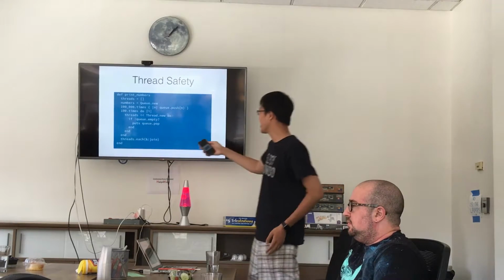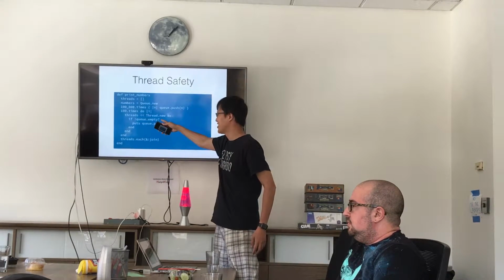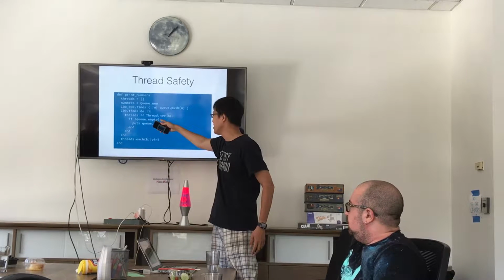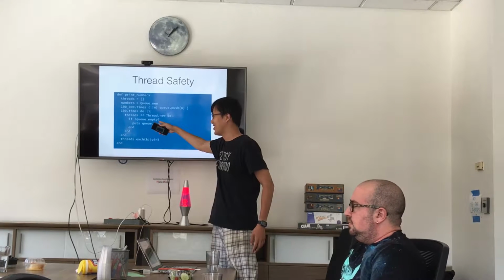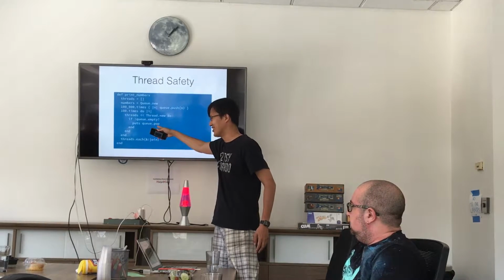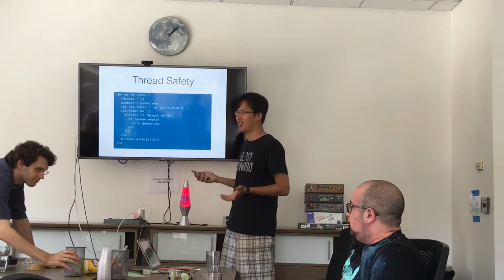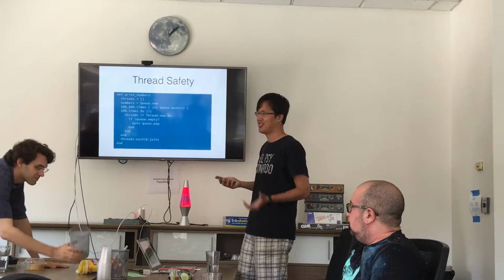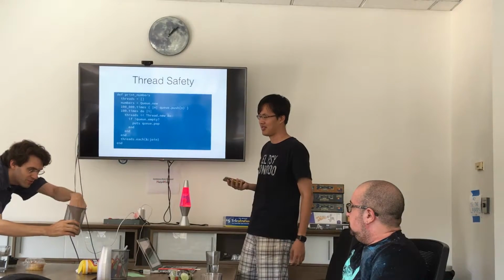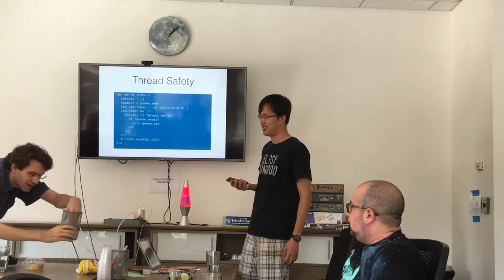Because when you check on this line, you might get that it's not empty. And what if you context switch in here? The other thread pops the last element in the queue, and then you run this line and pop the queue without anything in it, so you throw an exception.